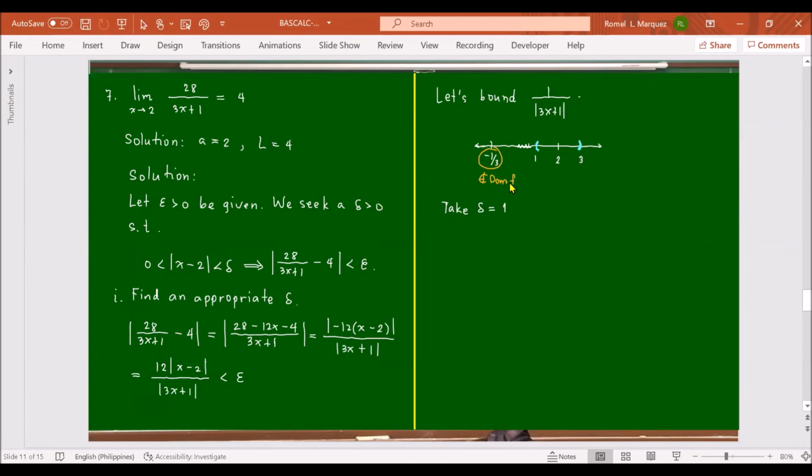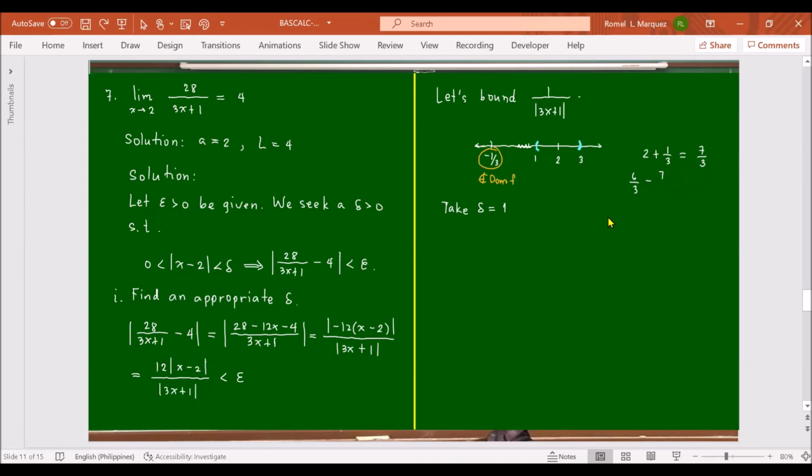In this case, the maximum delta that you can have is up to 2 minus negative 1/3, and that is 7 over 3. Because if I subtract from 6 over 3, which is equal to 2, 7 over 3, that will give me negative 1/3. So this is the maximum delta that I can take.